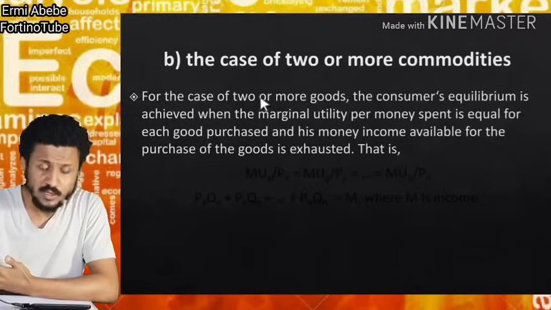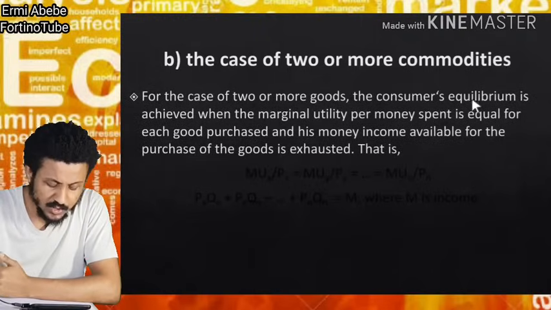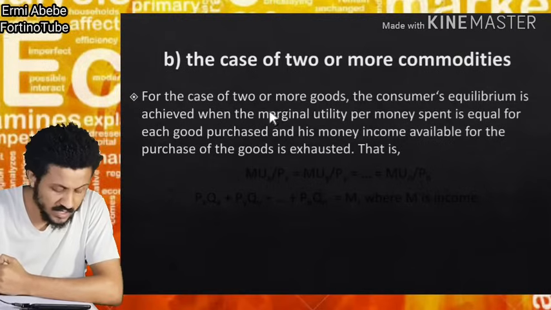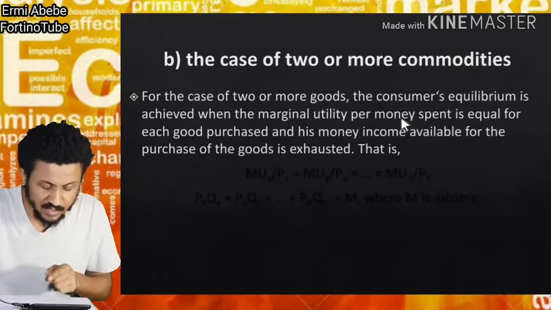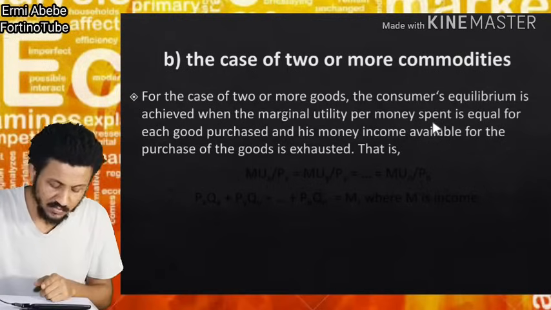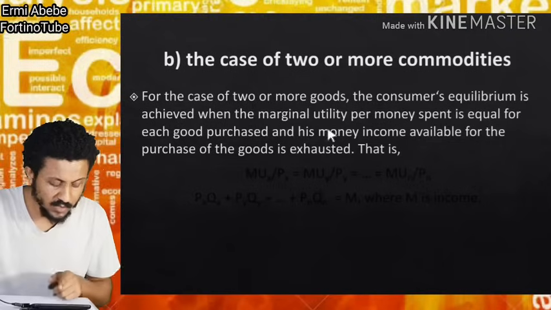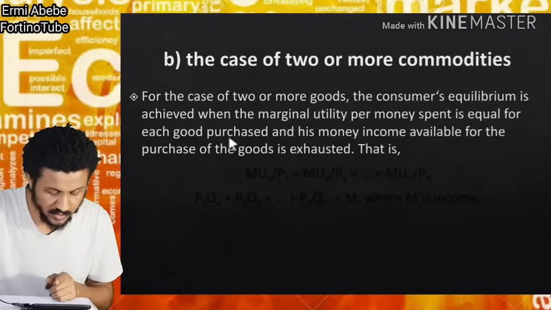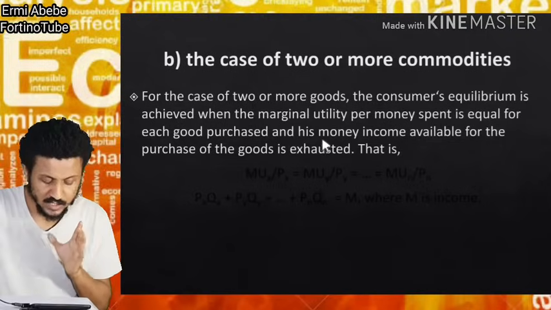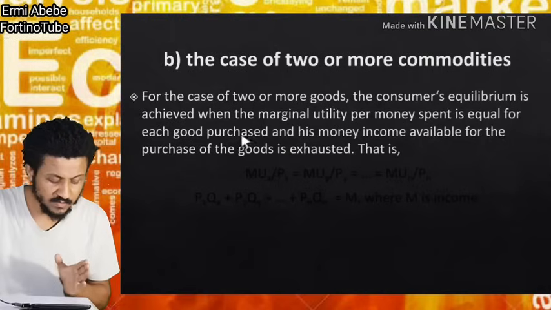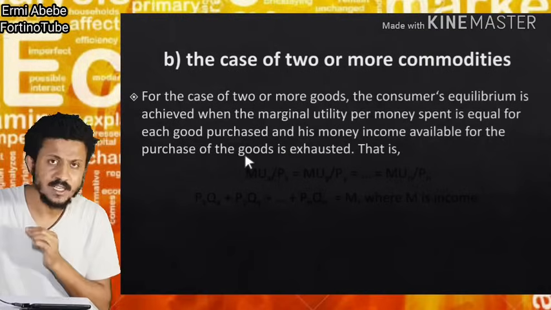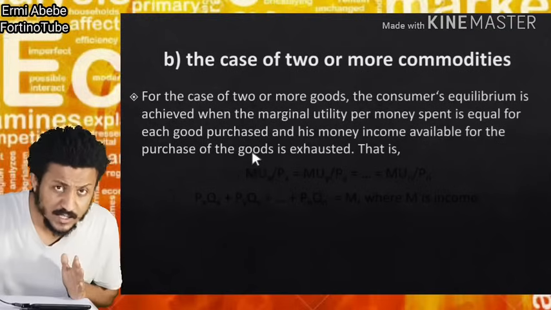So for the case of 2 or more goods, the consumer's equilibrium is achieved when the marginal utility divided by price of that commodity is equal for each good purchased and his money income available for the purchase of the goods is exhausted or fully utilized ማለት ነው.